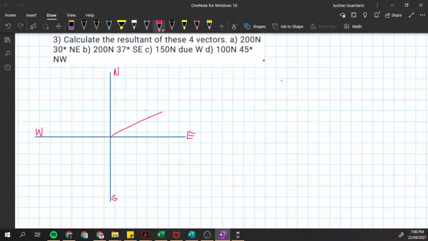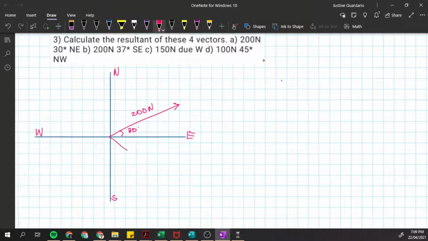So, we have here 200 Newton. Then, yung degree nito is 30 degrees. Our second vector is 200 Newton, 37 degrees south of east. So, starting from east, papunta sa south, dapat yung vector natin is may 37 degrees.